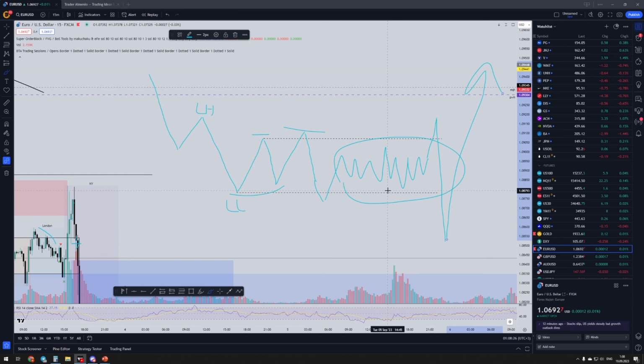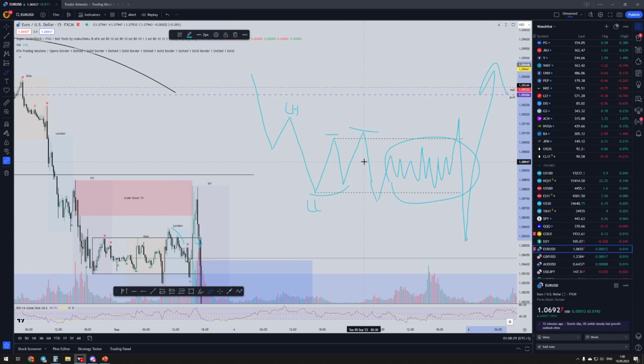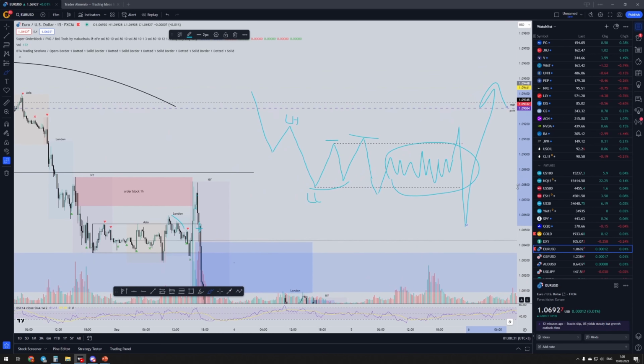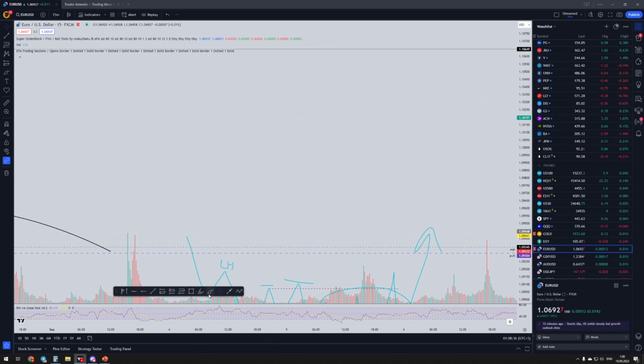I had one trade, if not mistaken, on PG. We had a huge range like this.